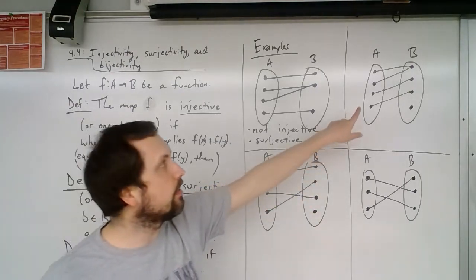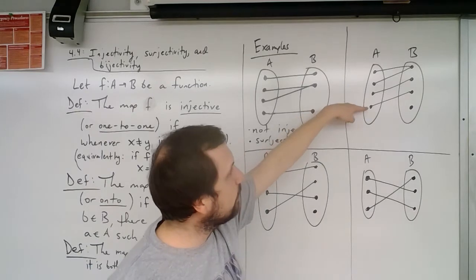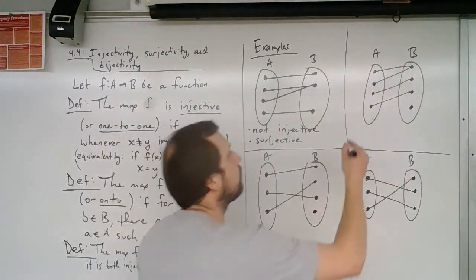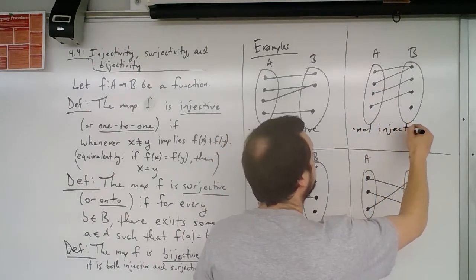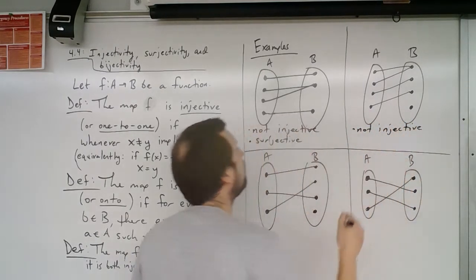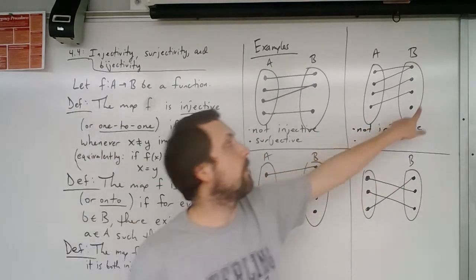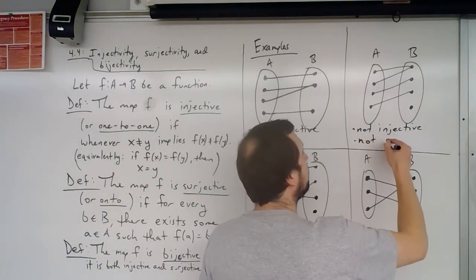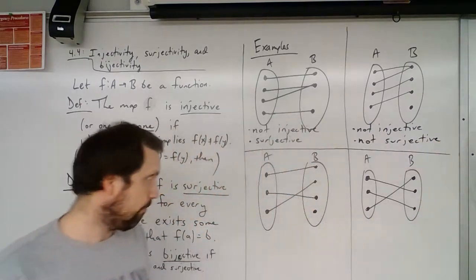This one over here, we take every element. Does it get mapped to different elements there? No. So this is an example where it is not injective again. Is this surjective? Does every element in the codomain have a buddy mapping to it? Well, no. So this is not surjective.